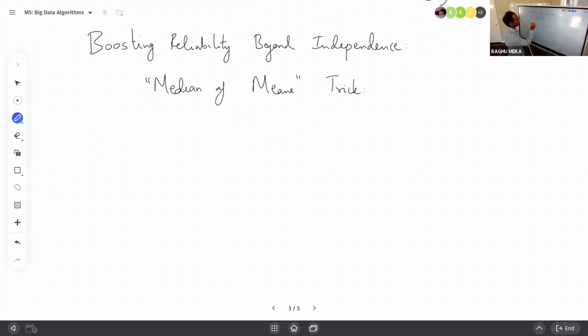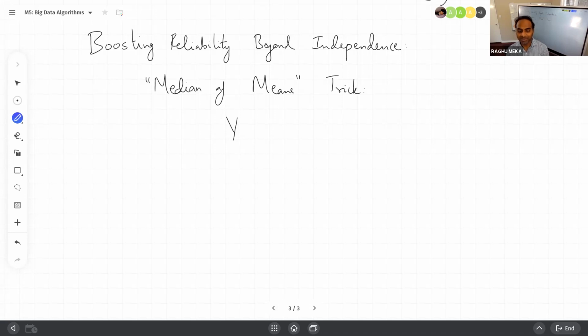So what you do is, suppose I have one random variable, Y. If I can get independent copies of it, and I want to boost my estimate's reliability, I can just take the average, which gives us some boost. If I take the median, it also does something better.